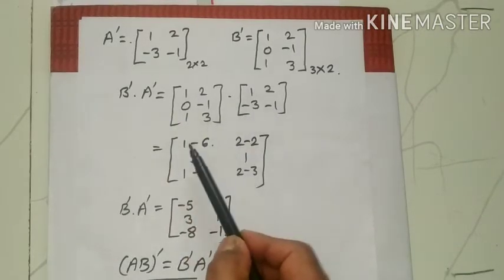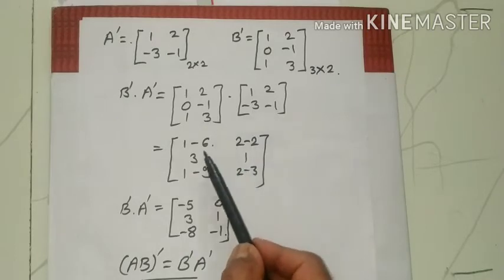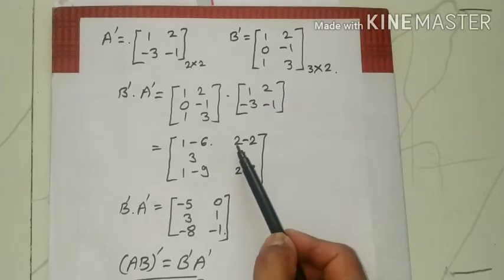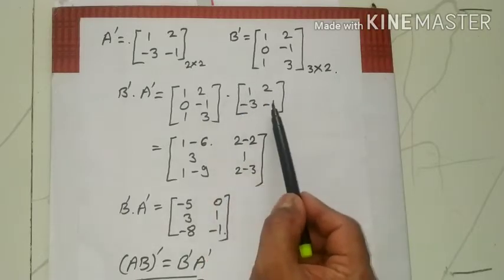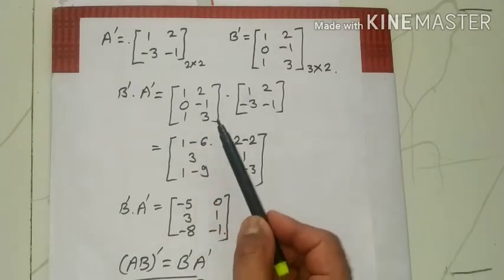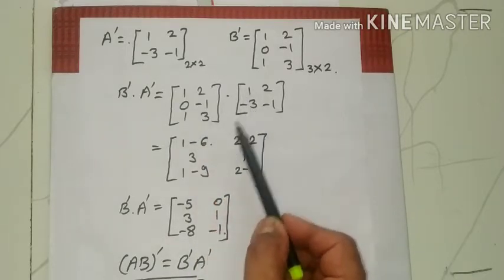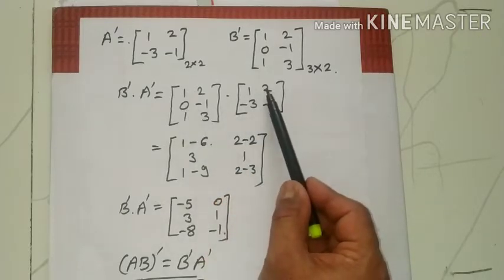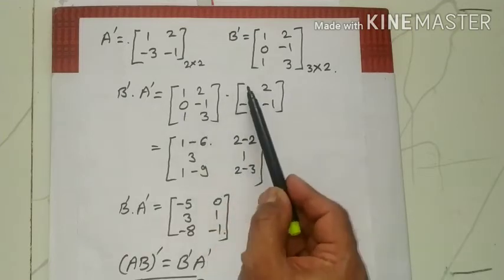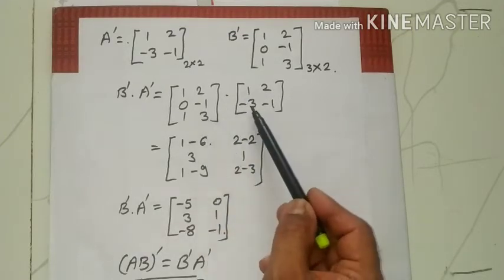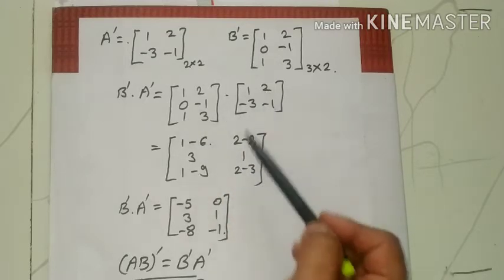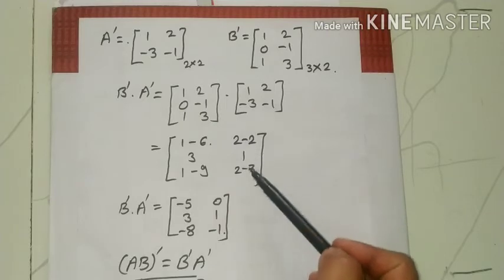So 1 into 1, 1, 2 into minus 3, minus 6, 1 into 2, 2, 2 into minus 1, minus 2. Then 0 into 1, 0, minus 1 into minus 3, plus 3, 0, then minus 1 into minus 1, plus 1. 1 into 1, then 3 into 3, 9, but there is a minus sign, so minus 9, 1 into 2, 2, and 3 into minus 1, minus 3.